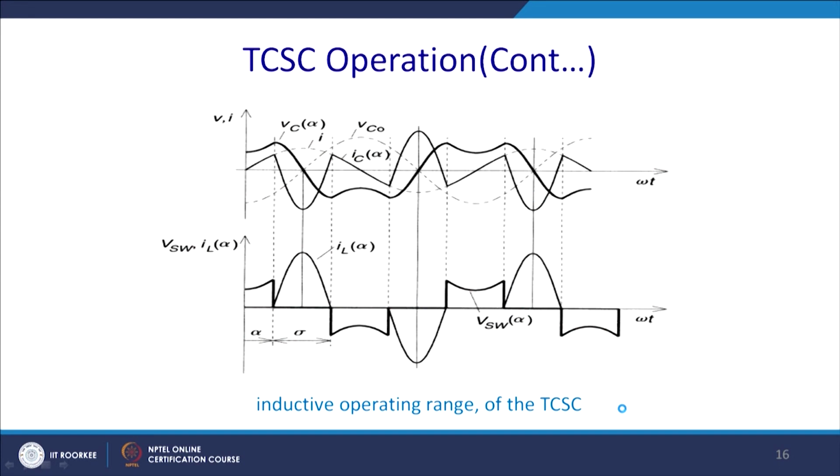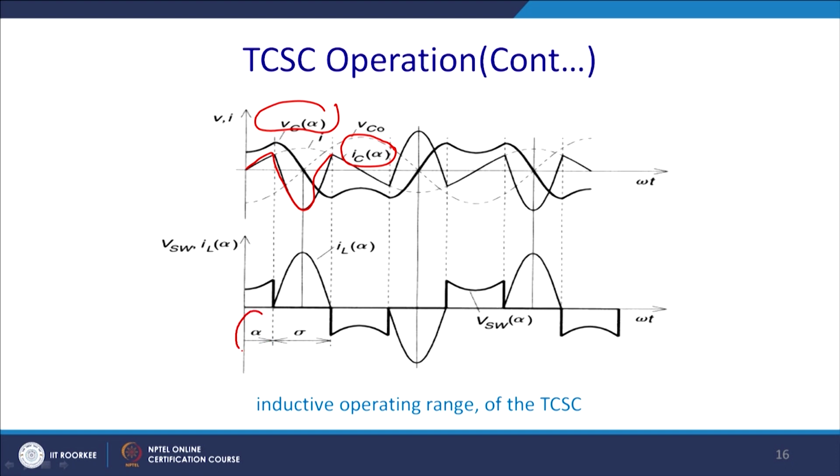So, what happened, this is actually Vi and this is actually Vc alpha, and this sinusoidal voltage is Vc0 and this one is your Vc alpha. So, we will have this kind of pattern, and thus what happened of the switching.